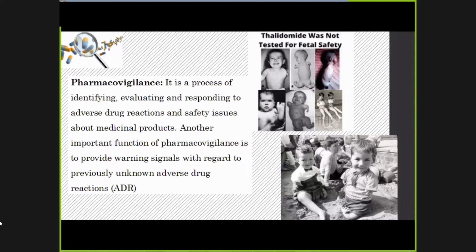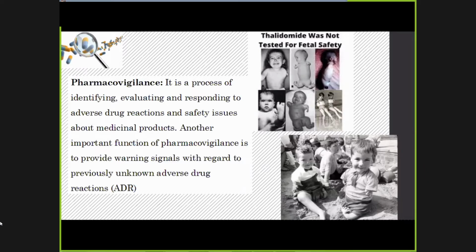For example, you can see here the pictures of babies, from an incident around the 1960s. The thalidomide tragedy happened. Thalidomide is a drug which was used as an antiemetic in pregnant women for morning sickness. But this drug was not tested for fetal safety before approval and before marketing.